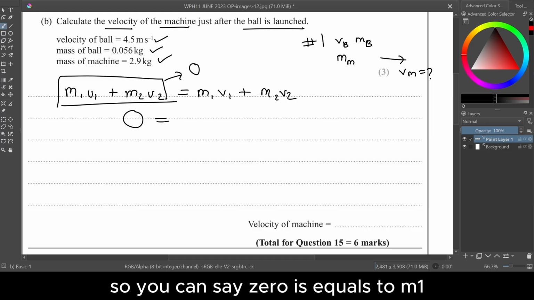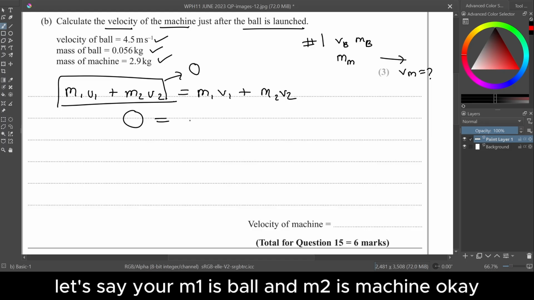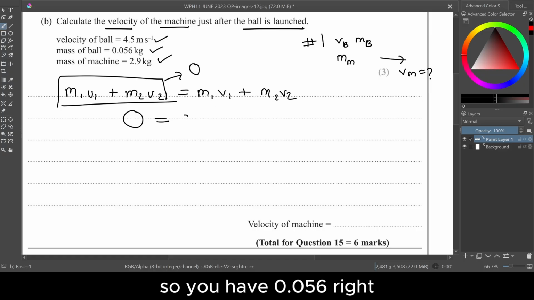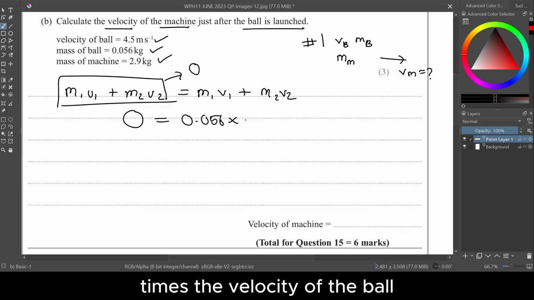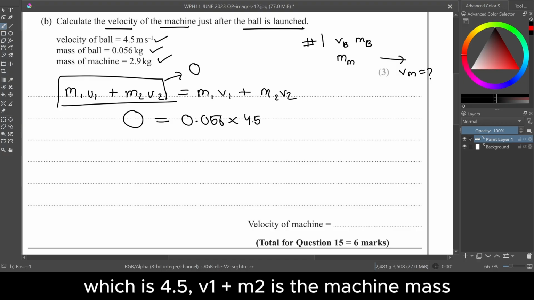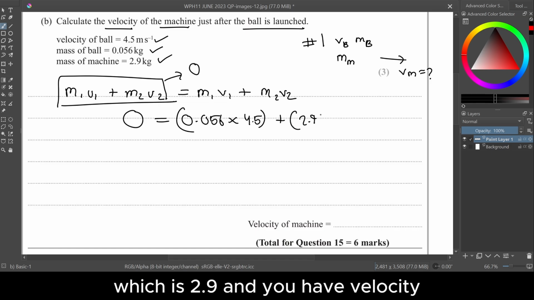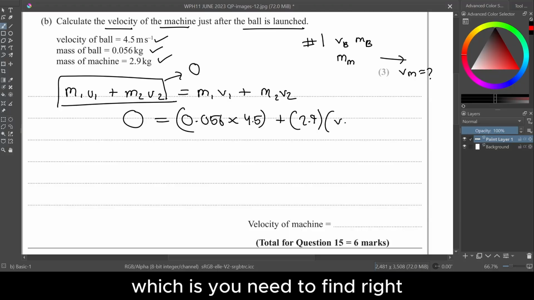So you can say 0 equals m1 v1 plus m2 v2. Let's say your m1 is the ball and m2 is the machine. So you have 0.056 times the velocity of the ball, which is 4.5, plus m2, the machine mass, which is 2.9, times the velocity, which you need to find, right?